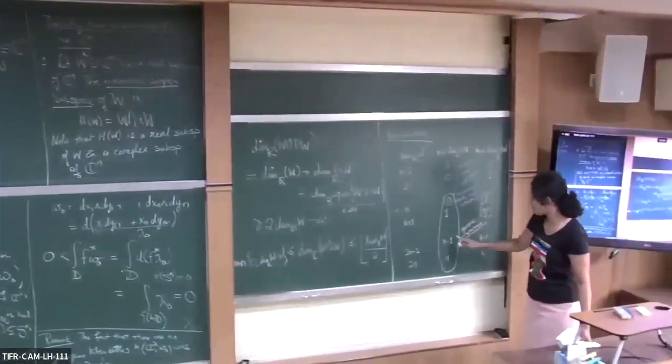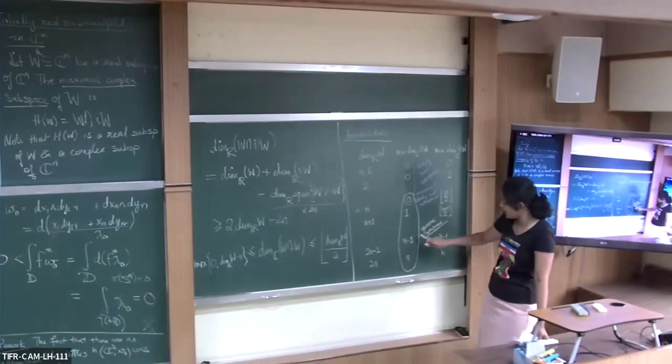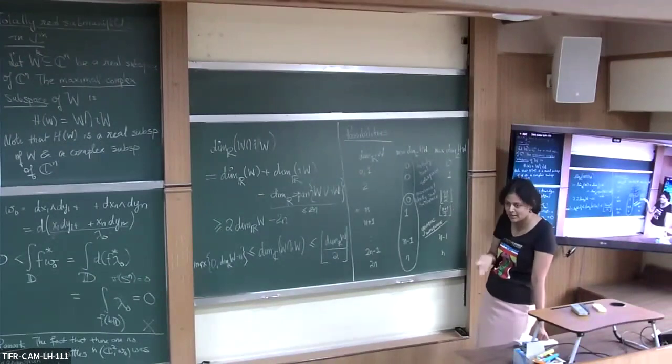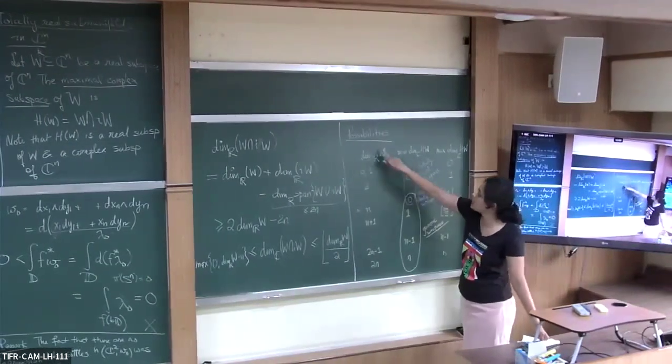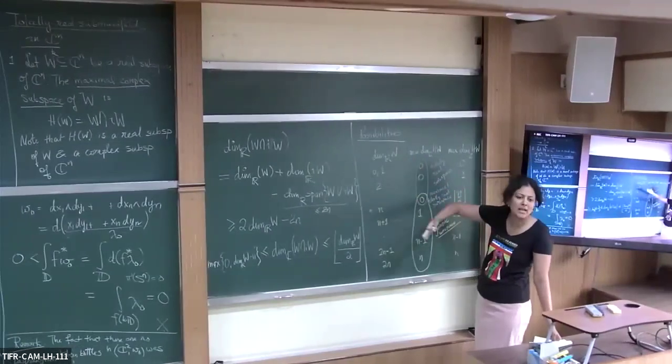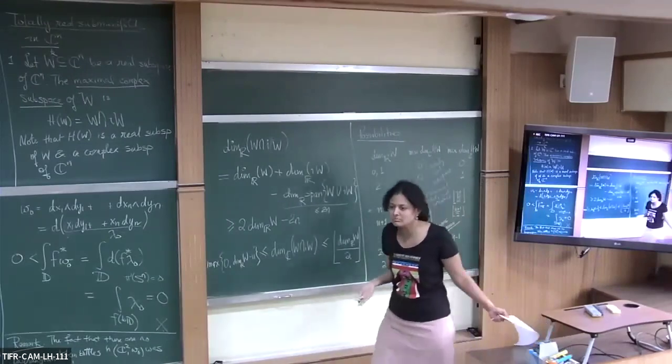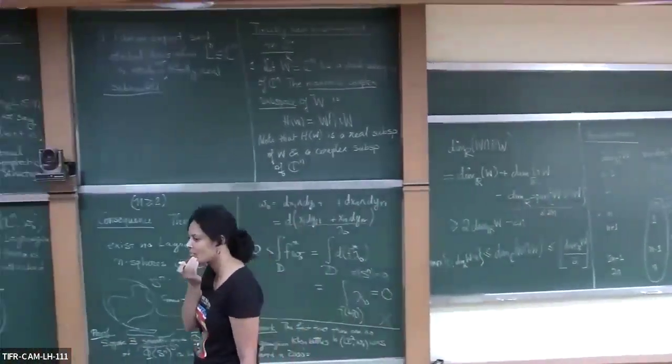Right? Yeah. But the point is that at least in this setting, the maximal complex subspace can be written as the transverse intersection of this many complex hyperplanes. So with probability 1, if you pick a random subspace of those dimensions, you're going to get that.